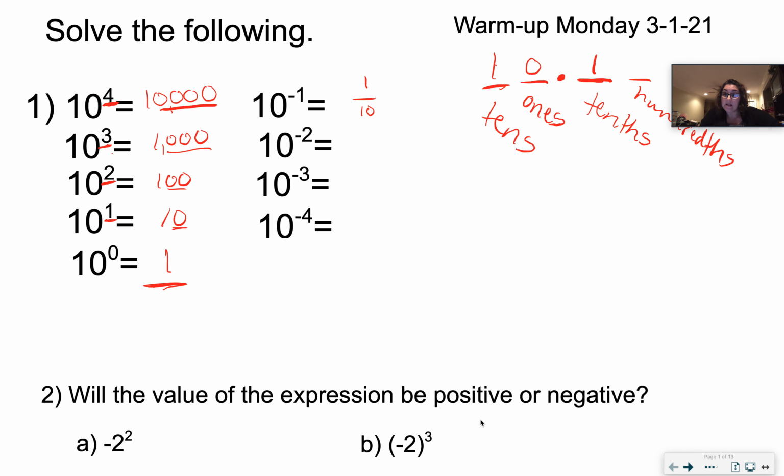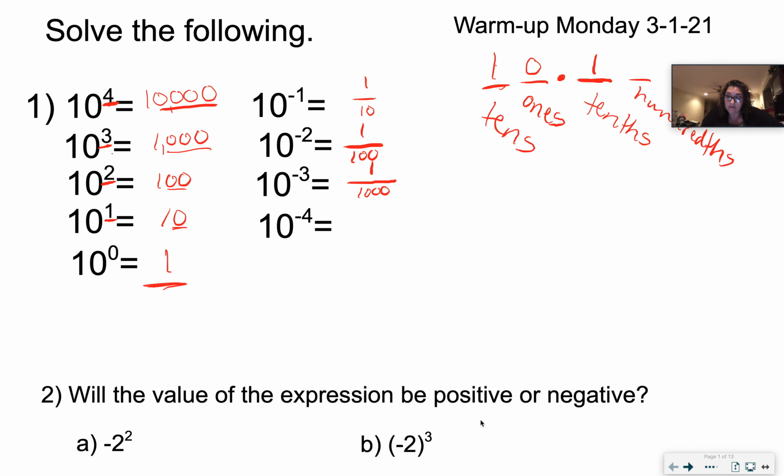So 10 to the negative 2nd power, well, 10 to the 2nd power is 100. So the way I would write hundredths would be 1 over 100. Okay? And then 10 to the negative 3rd, well, I know 10 to the 3rd is 1,000. But because it's a negative, it's going to be 1 over 1,000.